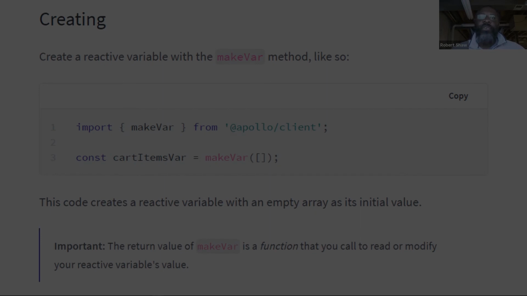And so here they have a sample cart items variable, and it initializes it with the empty array. And then the note down here, the return value is a function. And so what happens is you can actually read the value just by invoking it without passing in any arguments. And if you want to pass in an argument, then that's how you would modify the value.